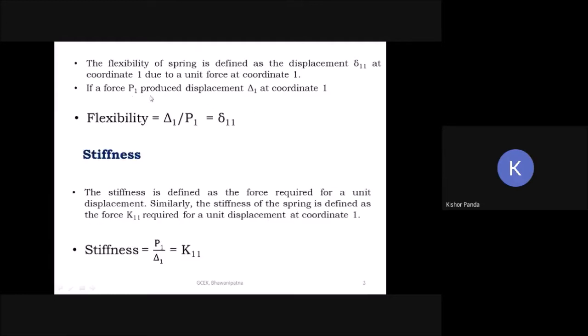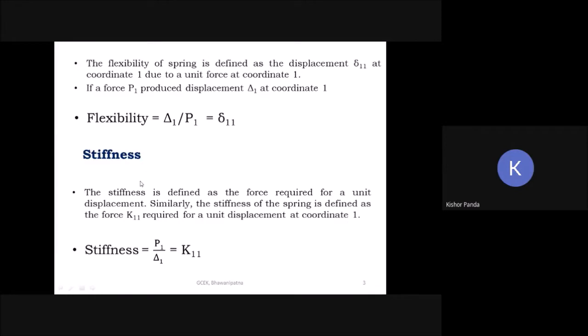If a force P1 produces displacement delta 1 at coordinate 1, then delta 1 by P1 is equal to delta 11. This is the displacement due to the force P1, but delta 11 is the displacement due to the unit force. The displacement due to the unit force is called the flexibility.